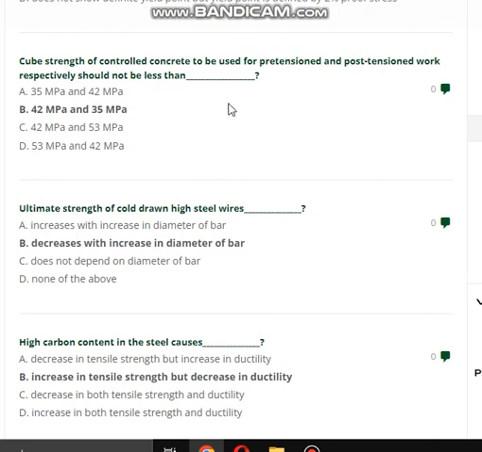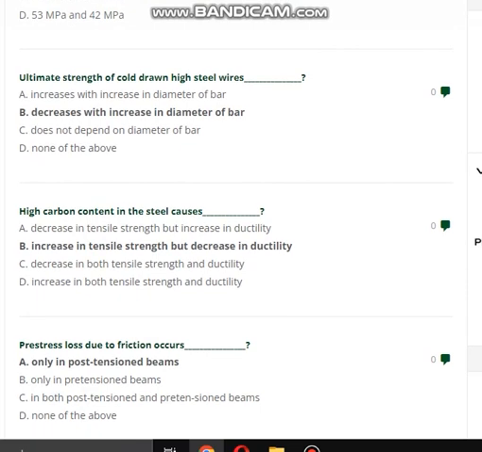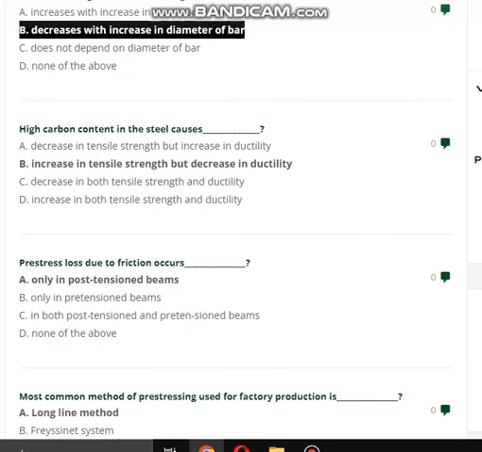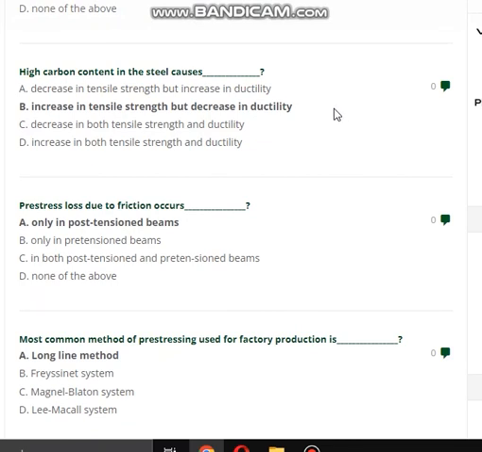Cube strength of controlled concrete to be used for pre-tensioned and post-tensioned work respectively should not be less than 42 MPa and 35 MPa. Ultimate strength of cold drawn high tensile steel wire decreases with increase in diameter of bar. High carbon content in the steel increases tensile strength but decreases ductility.